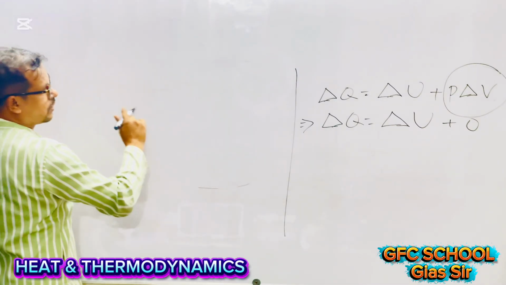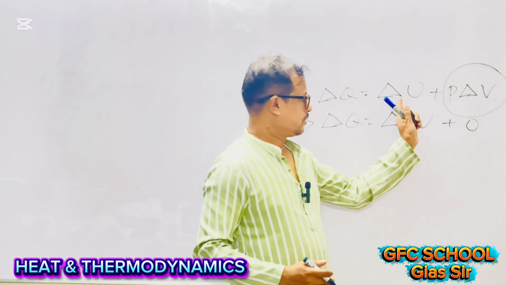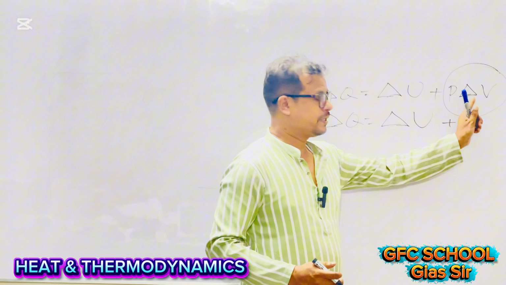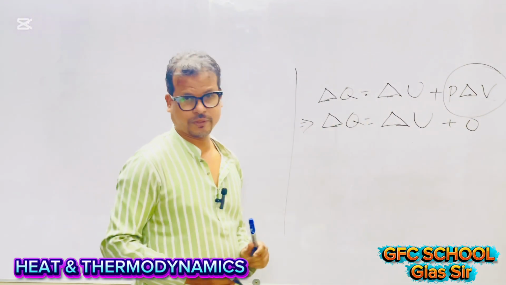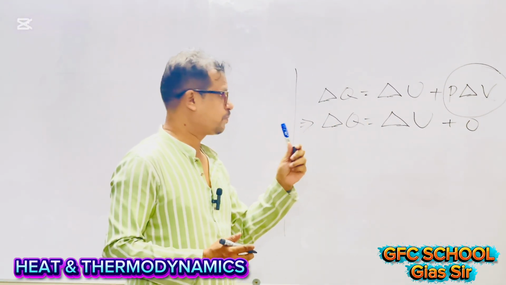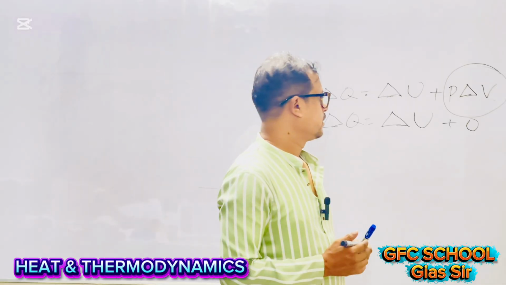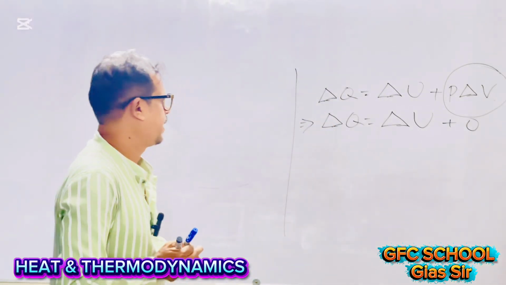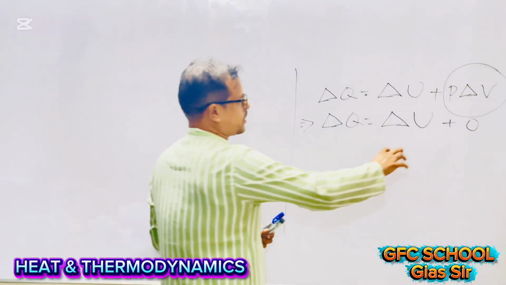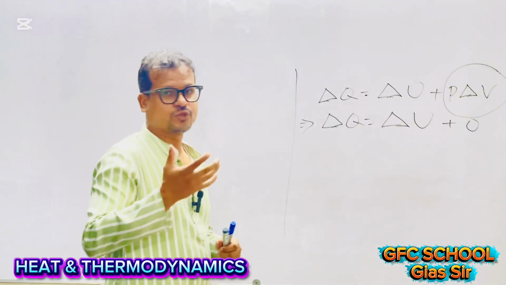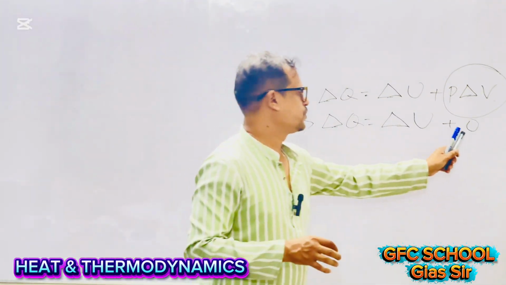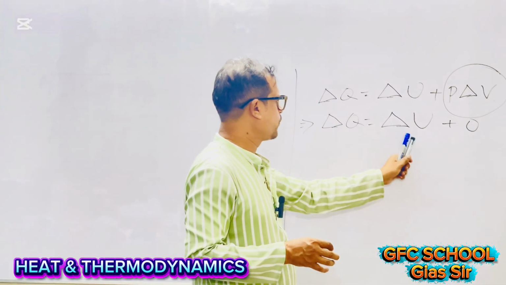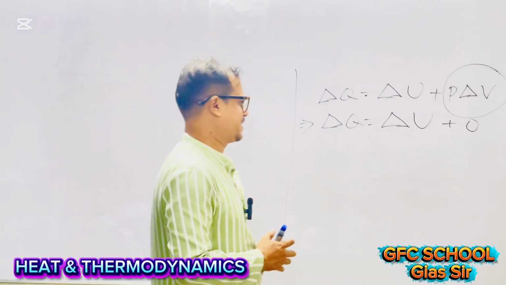Del Q equal to del U plus P del V. And just now I've said due to constant volume work is zero, so we got this correlation.